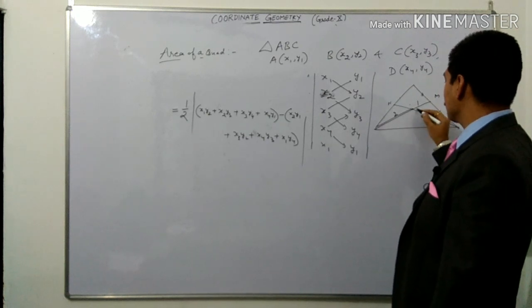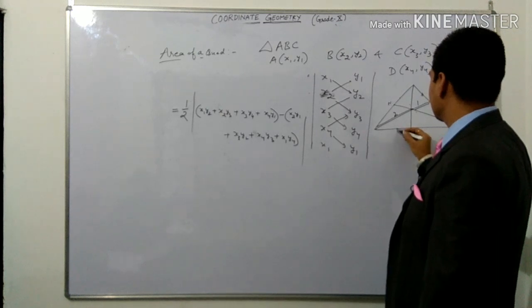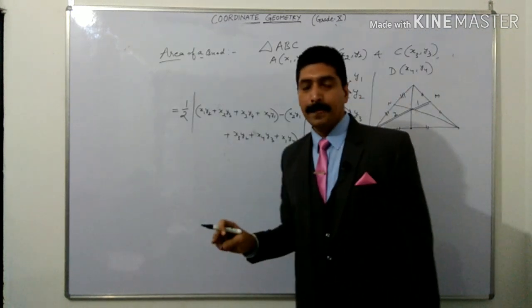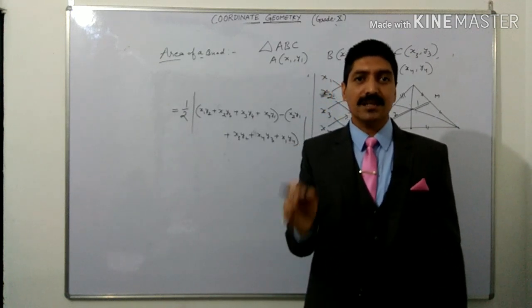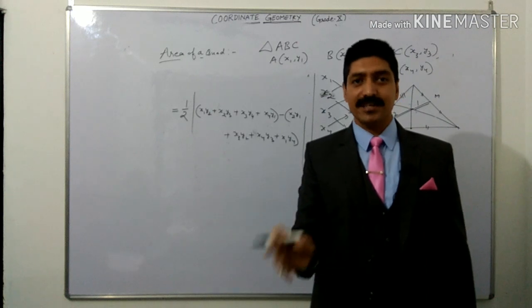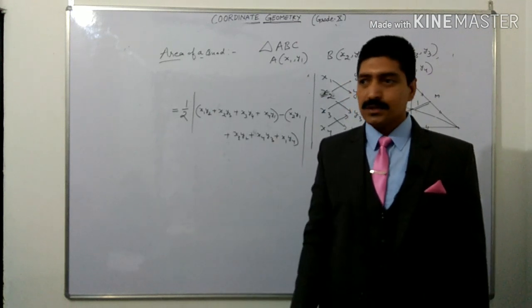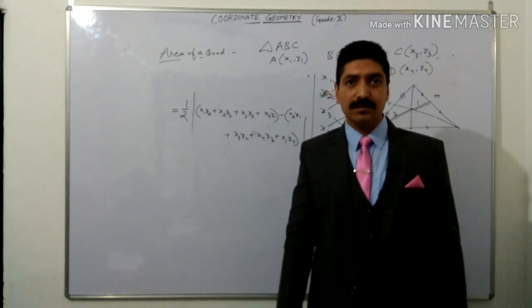This distance is always 2 and this is always 1, the same for all medians. You should know these four things: orthocenter, circumcenter, centroid, and incenter, because sometimes a hot question can be asked. So this is all about this chapter.